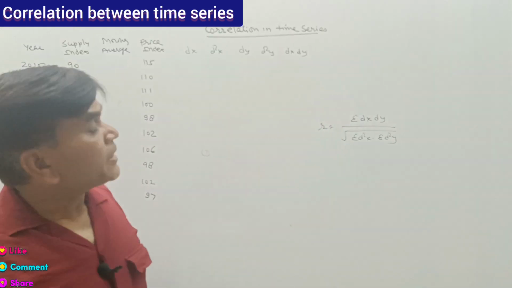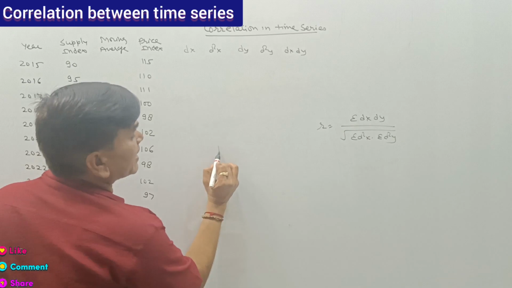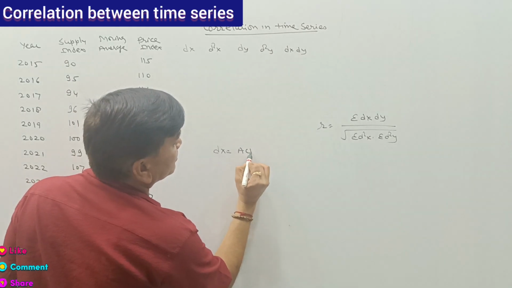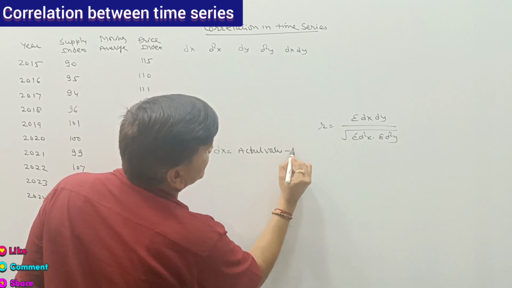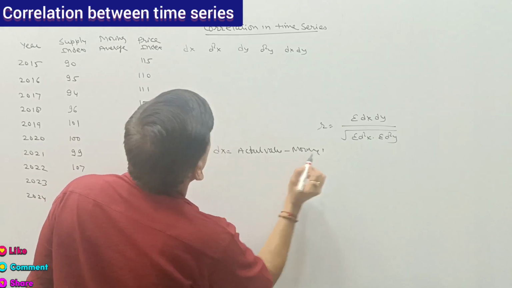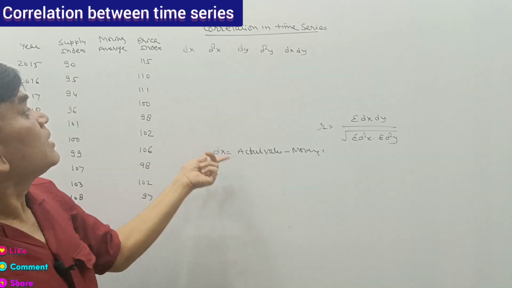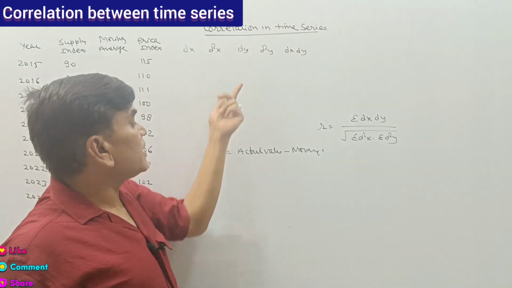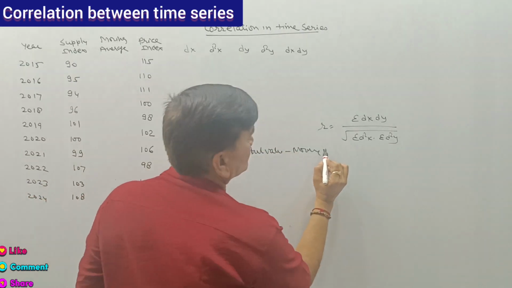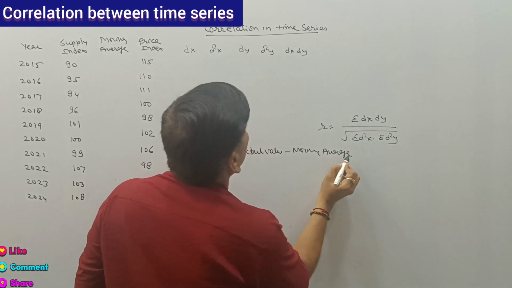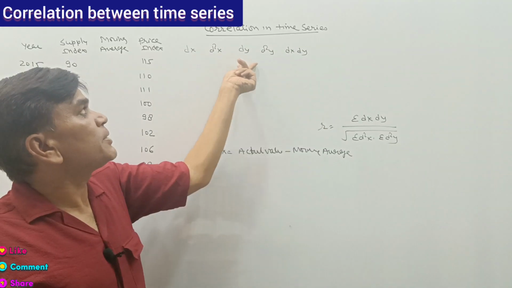After calculating the moving average, we get the deviation dx, which is equal to the actual value minus the moving average. Then we get the square of this deviation. Similarly, we get dy also, actual value minus moving average, and we get d square y, and then the multiplication of dx and dy.